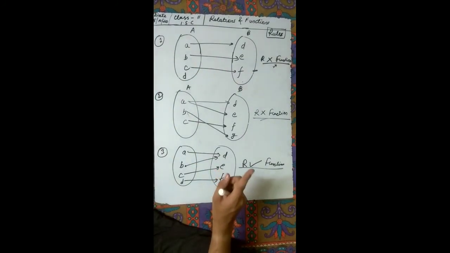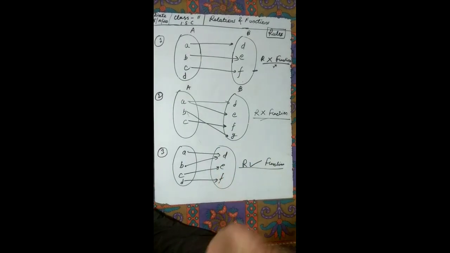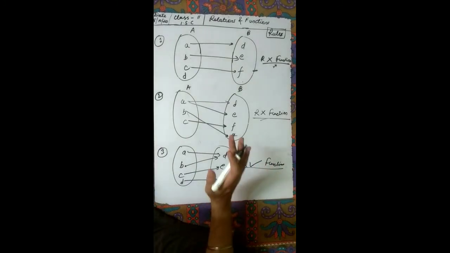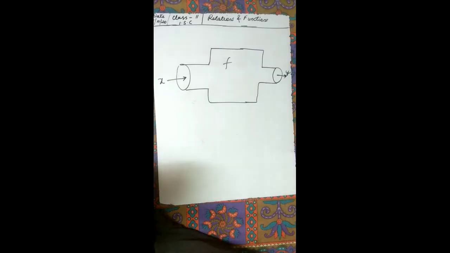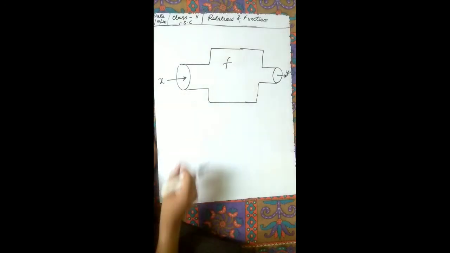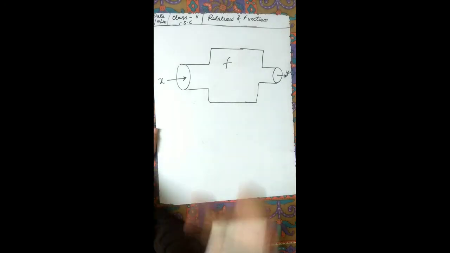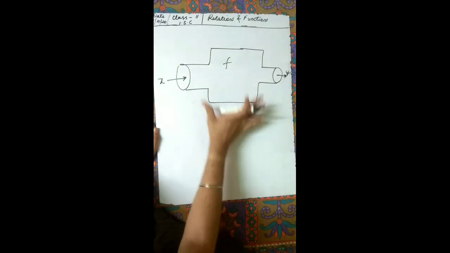I hope with these rules you have somewhat of an understanding of what a function actually means. Now let me make one diagram. This diagram will clearly depict the actual meaning of a function. Consider this as a machine.